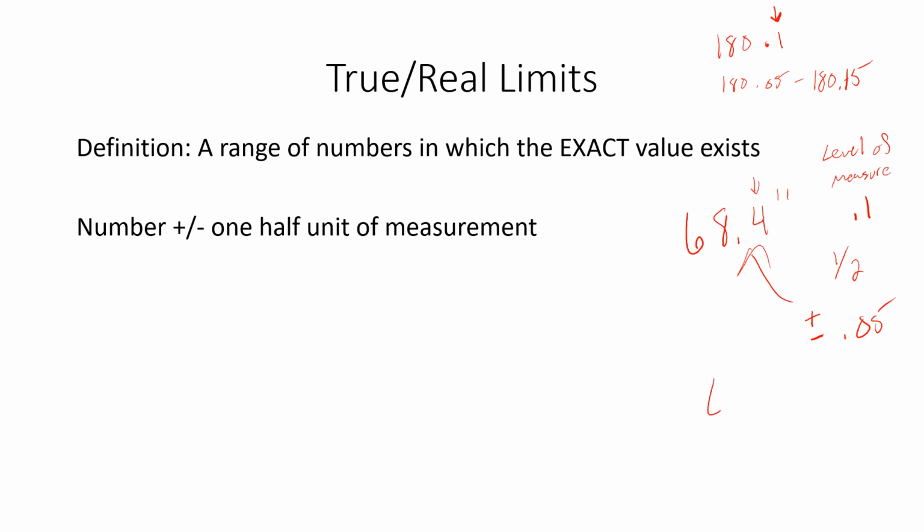So what we get is 68.35 and 68.45 inches. And that's the real limits. A person who measures 68.4 inches is going to be between 68.35 and 68.45. And you're going to have to do that on your first homework as well.